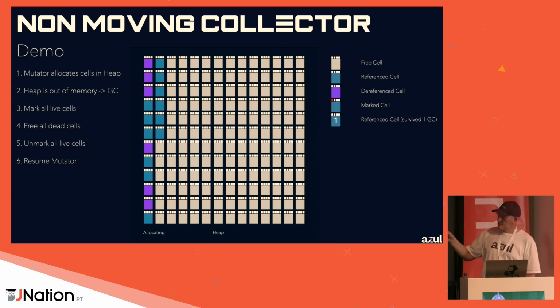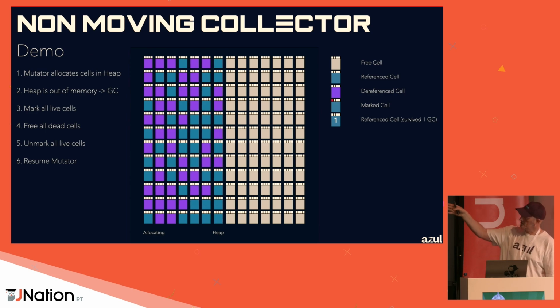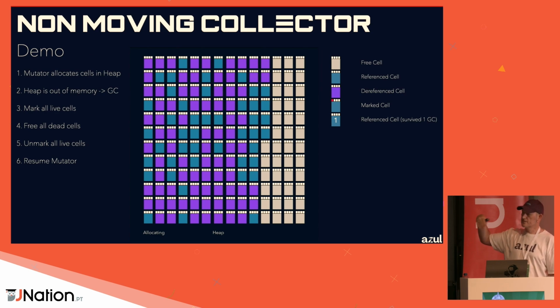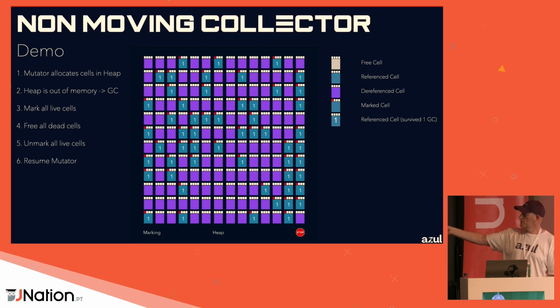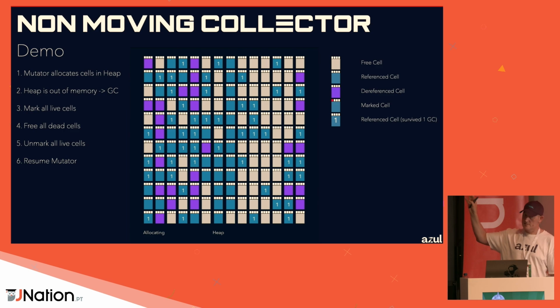It's probably better to see on the monitors there, but we start collecting memory. And as you can see, hopefully, we have a lot of purple cells there. That means these are dead references, dead objects. Now it's full, we stop the world, we mark the cells, unmark, clean, and then again. So that goes on and on.